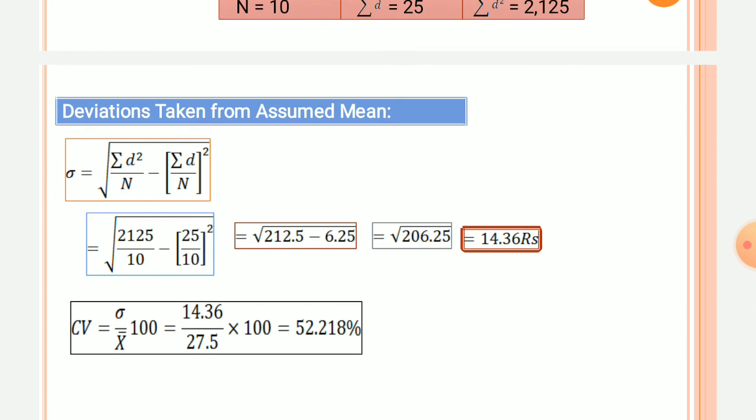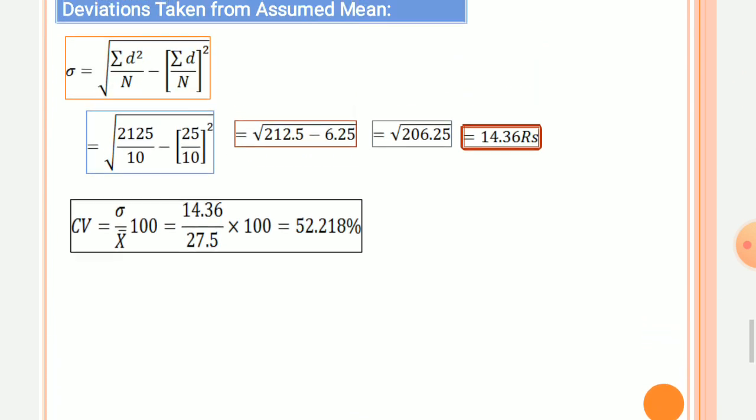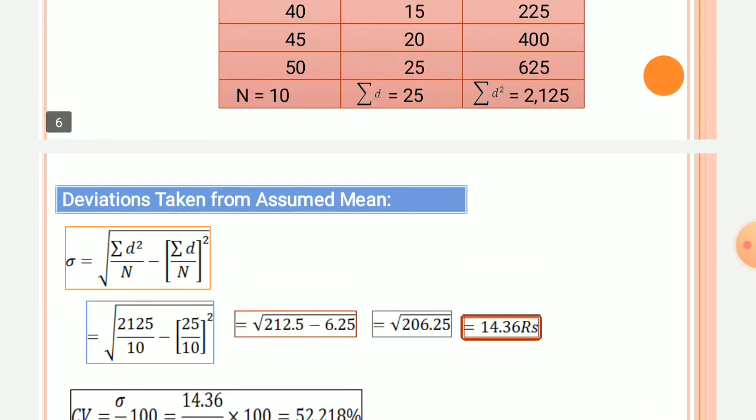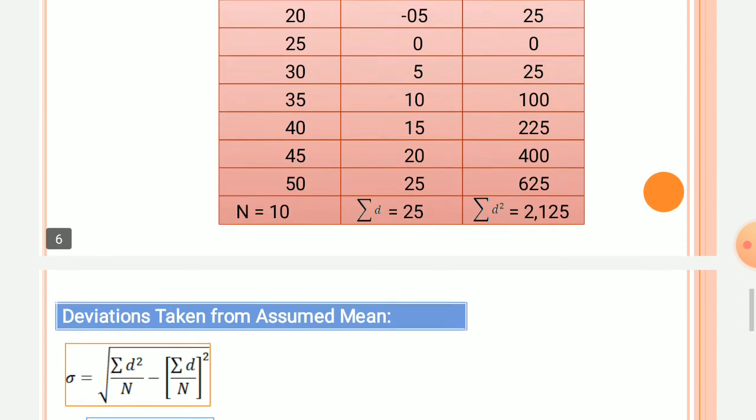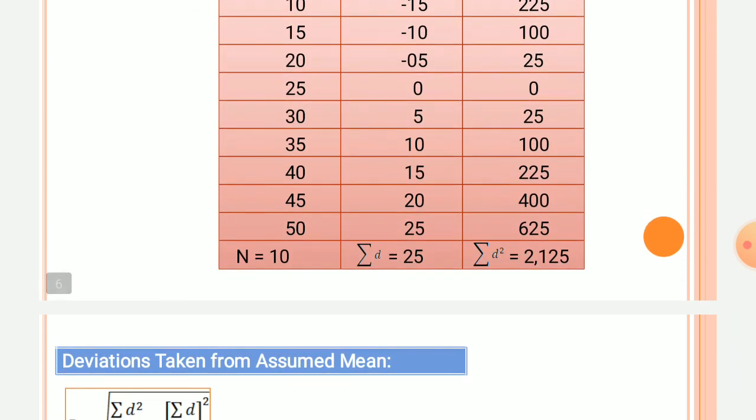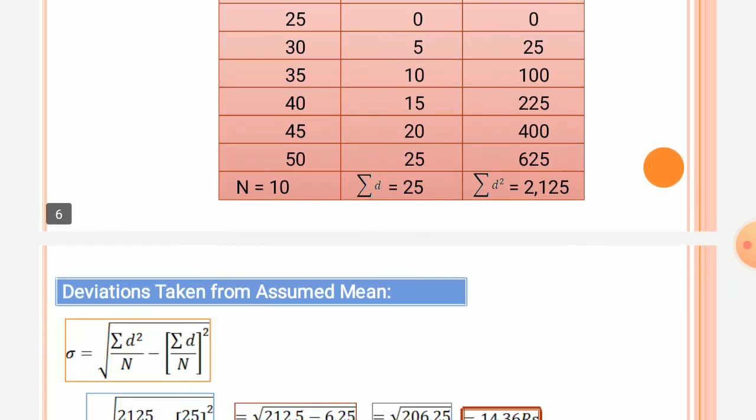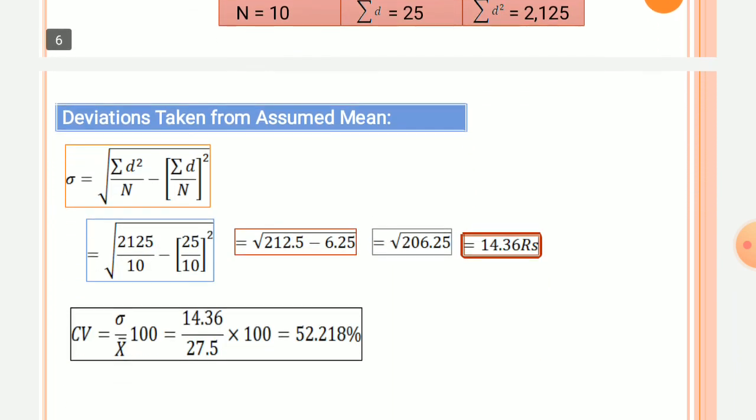Sigma x, the total of all the observations, divided by n, 10. Then we get x bar. X bar is equal to sigma x by n. So we have to solve this. X bar is equal to 27.5.